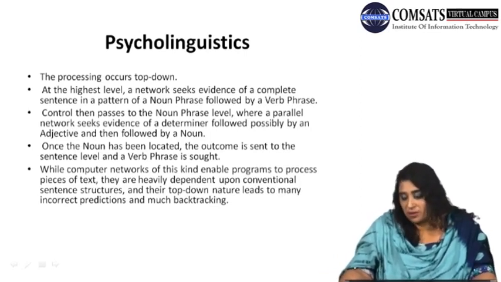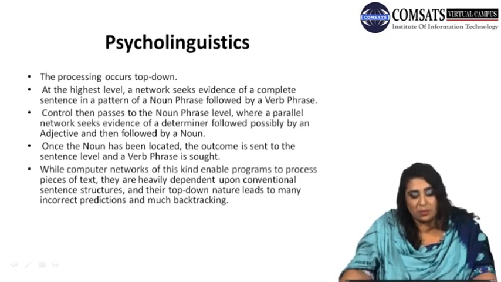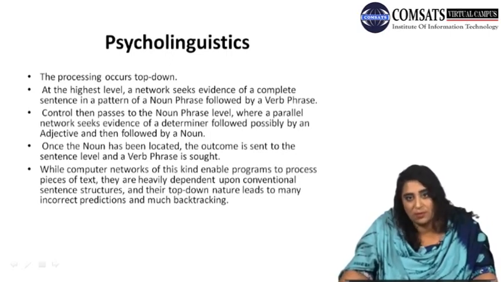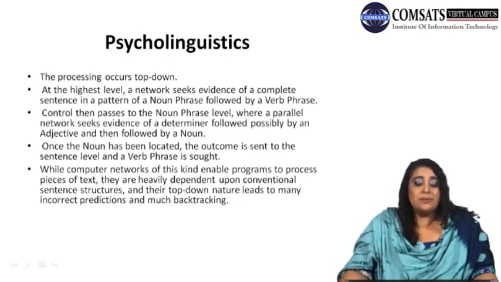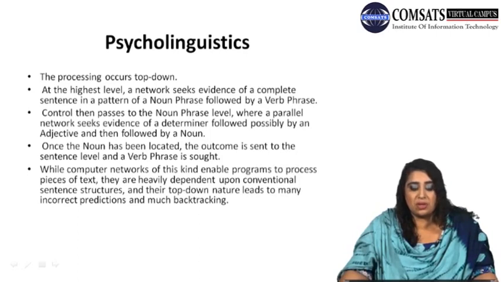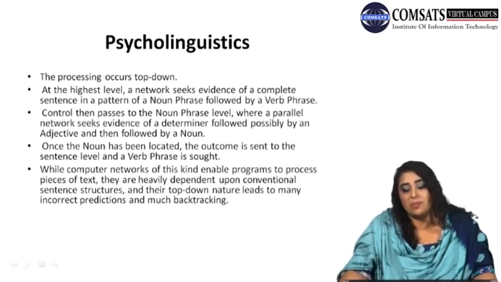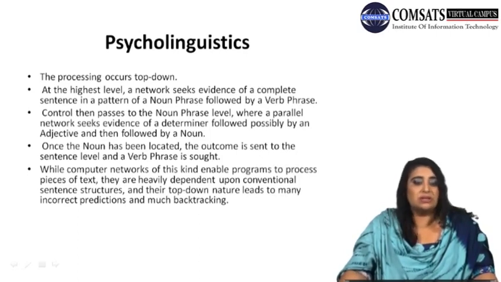So once we've distinguished what noun it is, then we need to see what verb would suit it. While computer networks of this kind enable programs to process pieces of text, they are heavily dependent upon conventional sentence structures. And their top-down nature leads to many incorrect predictions and much backtracking.